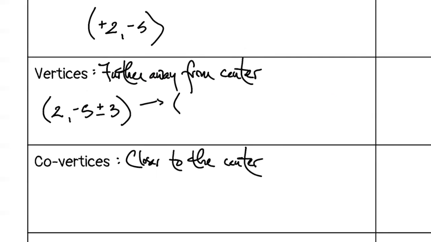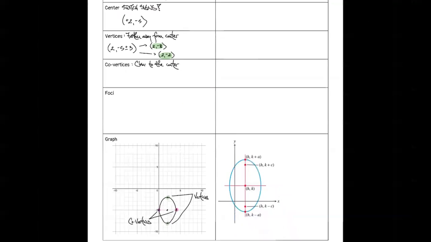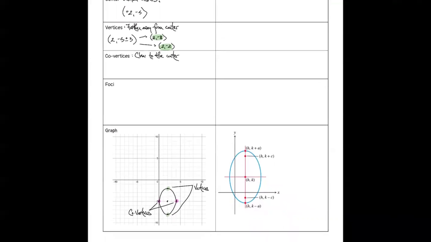That will give us 2, -8 and 2, -2. And 2, -8 and 2, -2 should match with those green dots that we have below.